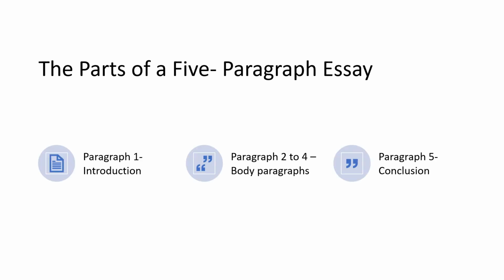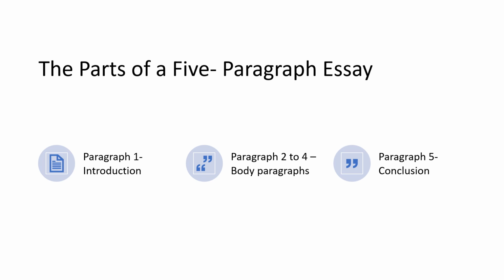Moving on to the first part of this lesson, let us talk about the parts of a 5-paragraph essay. Do you still remember the basic parts of a collegiate 5-paragraph essay? Here they are. A 5-paragraph essay is, of course, composed of 5 paragraphs.